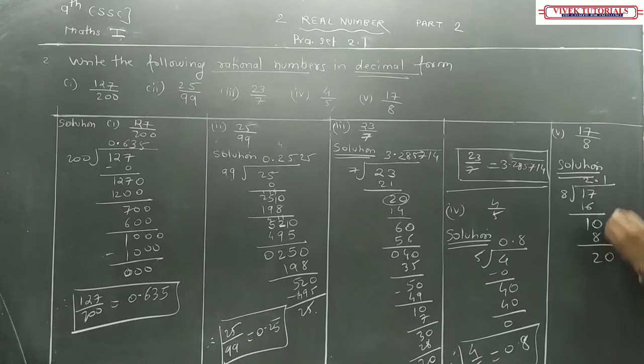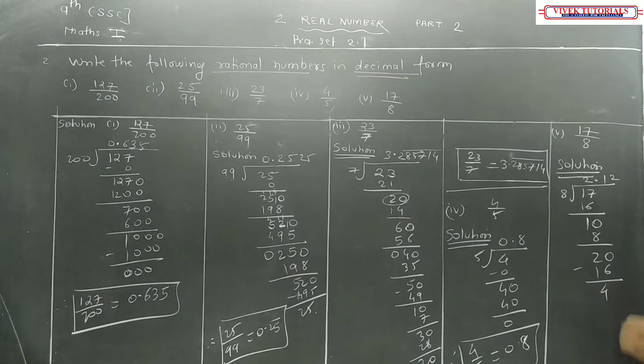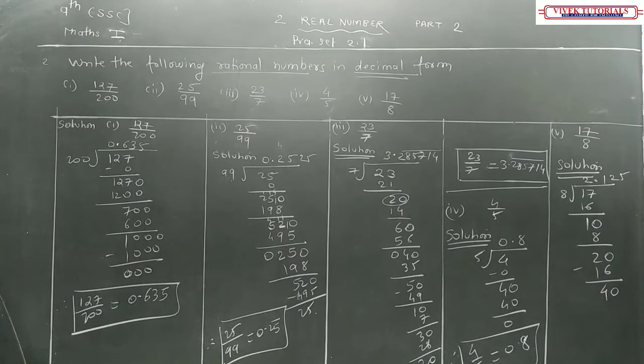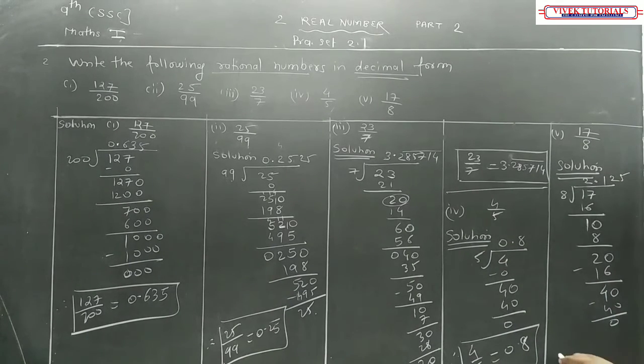It becomes 20. 2s are 16, so how much is left? 4. It becomes 40. 8 5s are 40. It becomes 0. 0 came, so you have to stop.